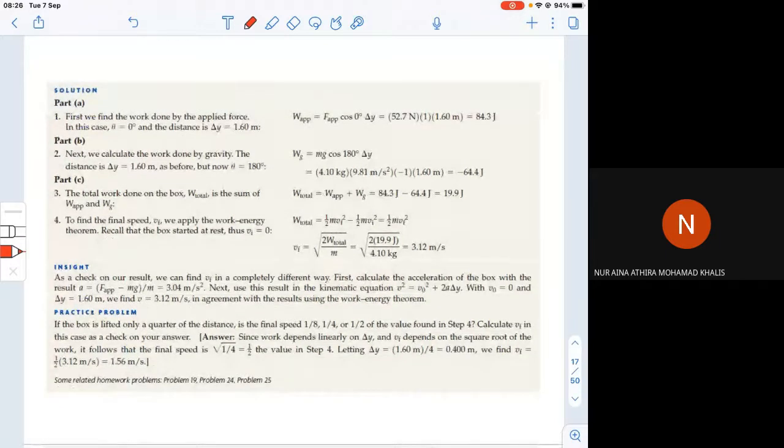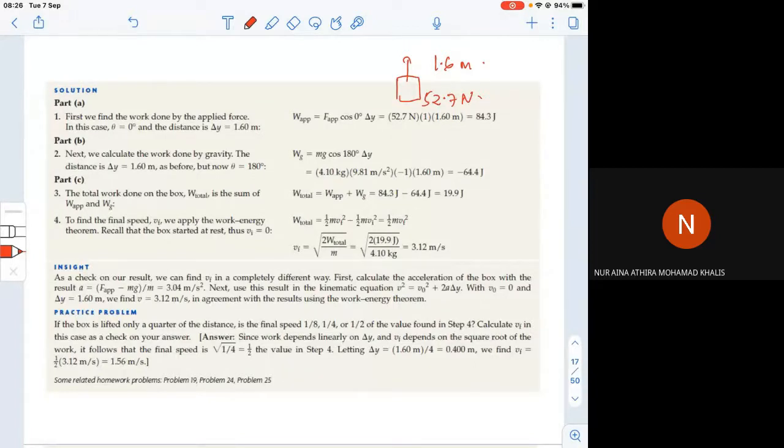Right now we have the applied force and applied work, which means we have a box being lifted 1.6 meters. By our calculations, the upward applied force is 52.7 Newtons.